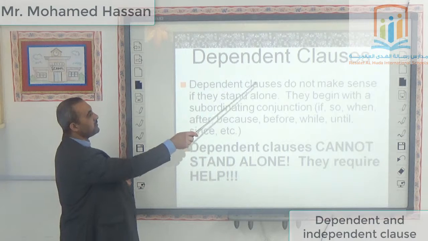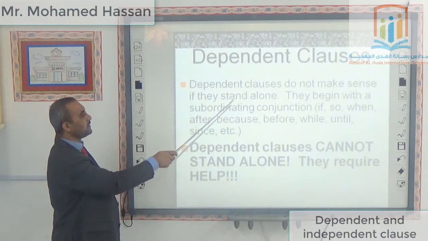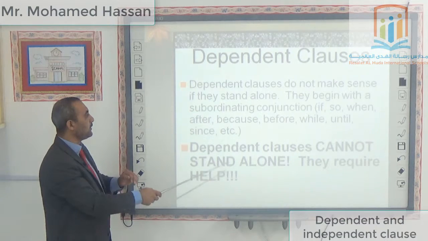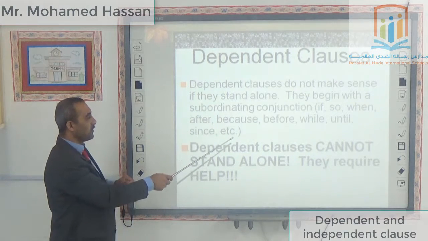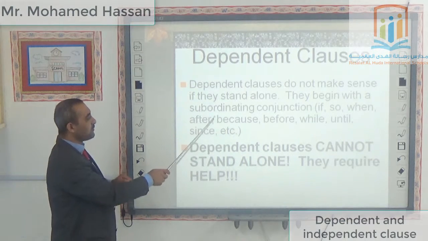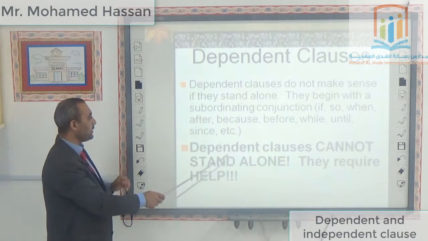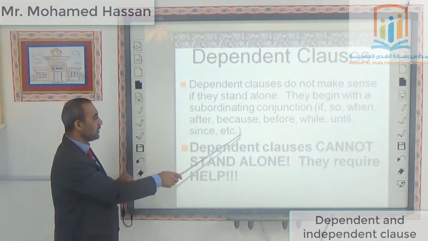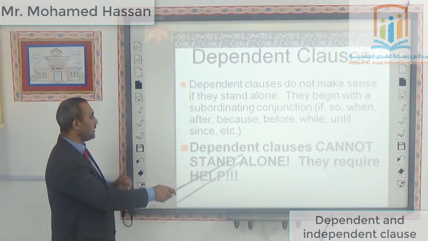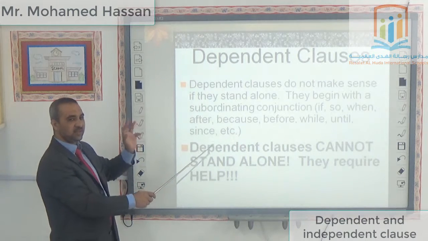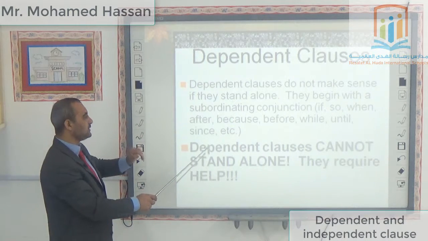What are dependent clauses? Dependent clauses don't make sense. They don't give you a complete meaning at all if they stand alone, okay? They begin with a subordinating conjunction, like if, so, when, after, because, before, while, until, since, etc. So, it can't stand alone in a sentence.